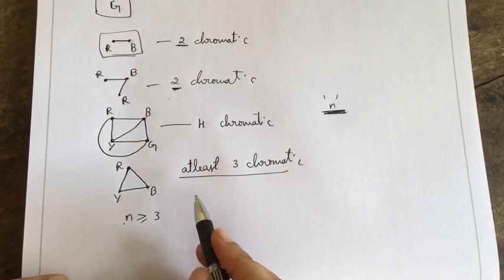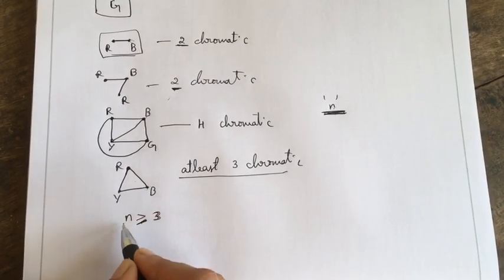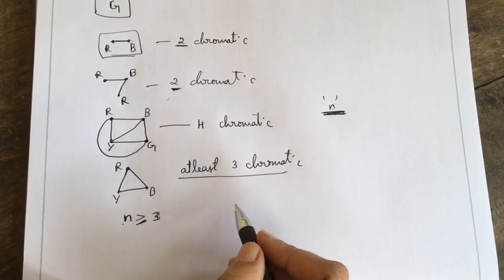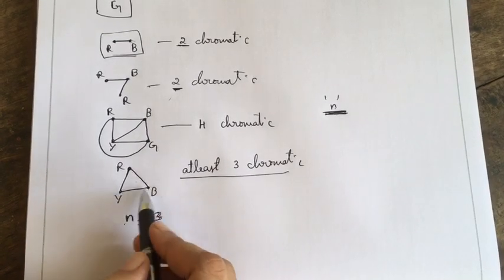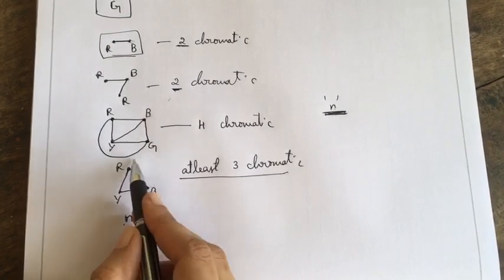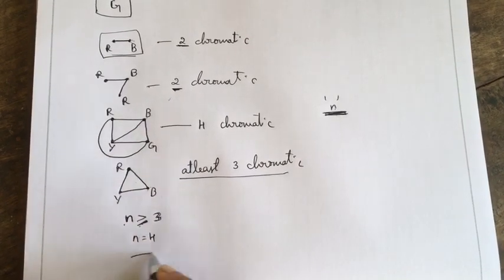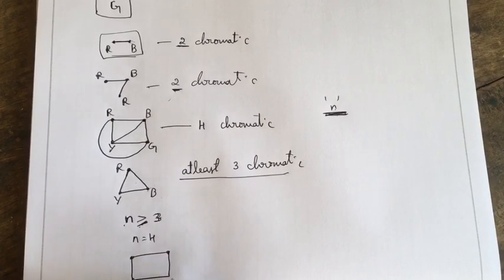So a graph consisting of simply one circuit with n greater than or equal to 3, where n is the number of vertices, is 3 chromatic if n is odd. You can see if n equals 3, it's an odd number, and we have seen it is 3 chromatic. If n is 4, like this, n is an even number, then it is 2 chromatic.